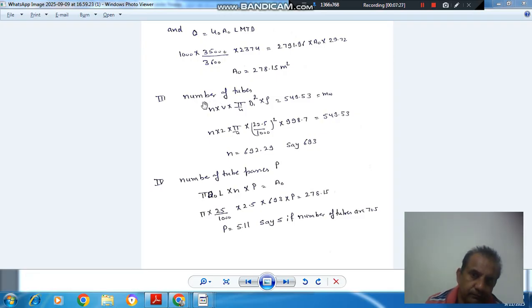Now the next part is to find out the number of tubes. As we have calculated mass flow rate of water, that is 549.53, and the water is flowing inside the tube whose cross-section area is pi by 4 d squared, and its velocity is 2 meter per second, and density is also known, that is 998.9.